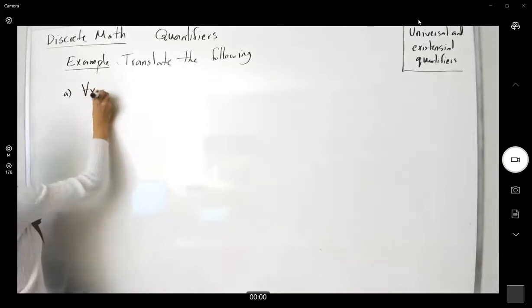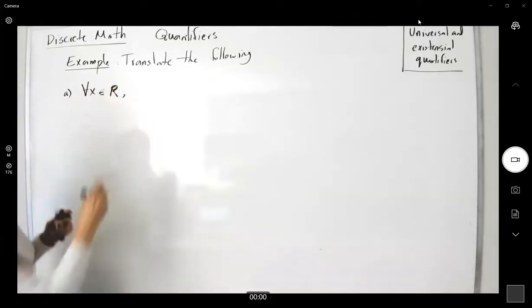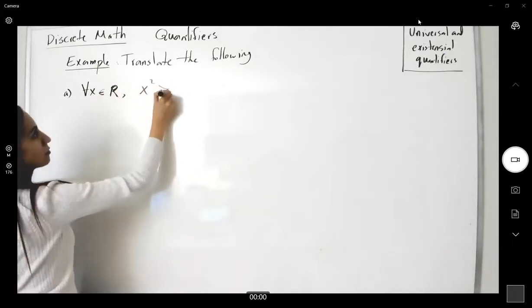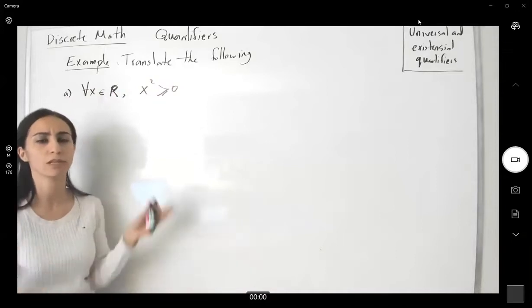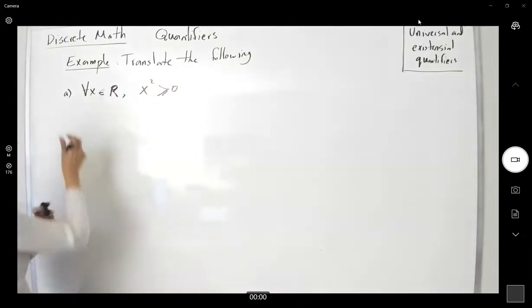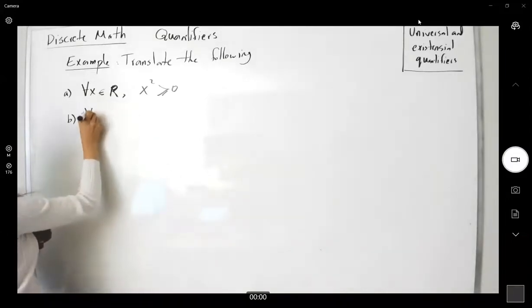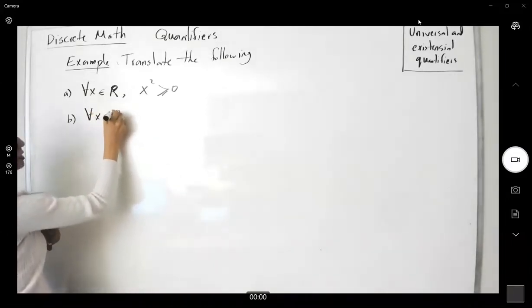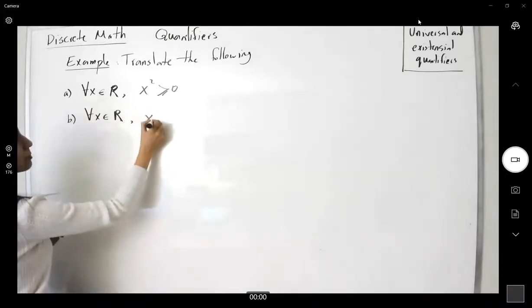So we have our domain, which is given as R. I'm not saying which one is true, which one is false. Just saying that translate. We have a universal, another universal statement. And this is the predicate.